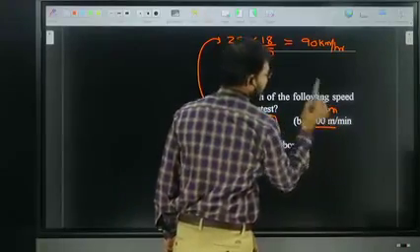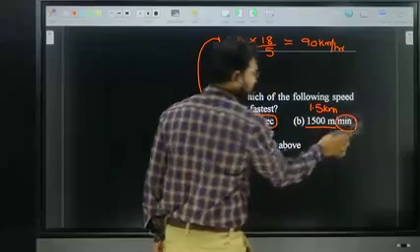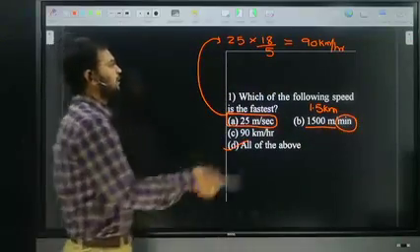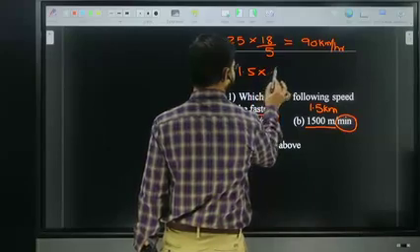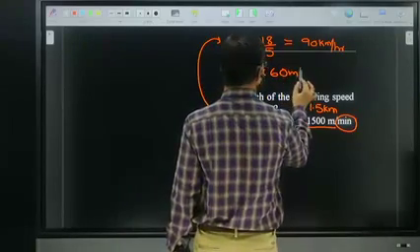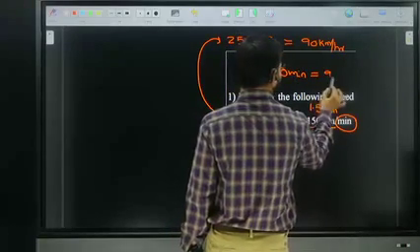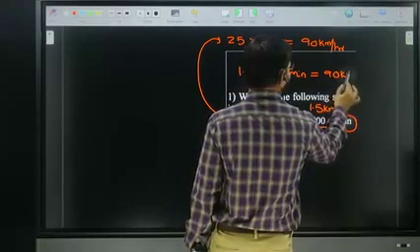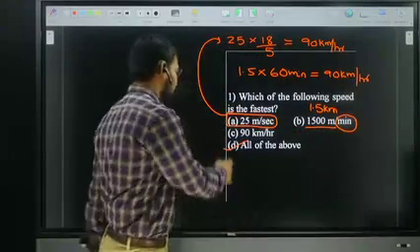Therefore, per hour is 1.5 kilometers into how many minutes are there, 60 minutes. So 1.5 into 60, that is nothing but 90 kilometer per hour. So confidently we can say your option is all of the above.